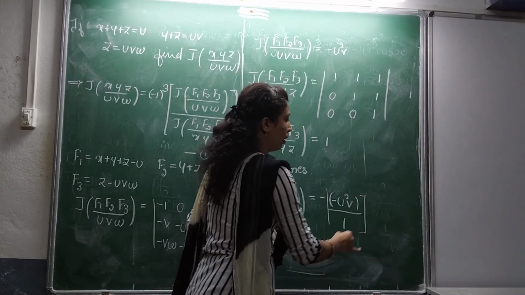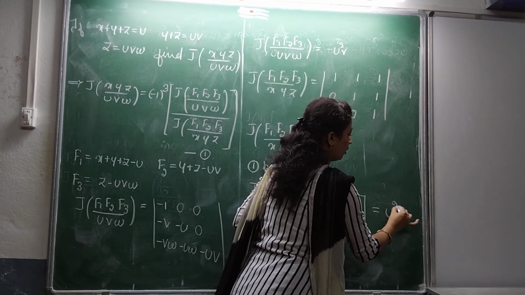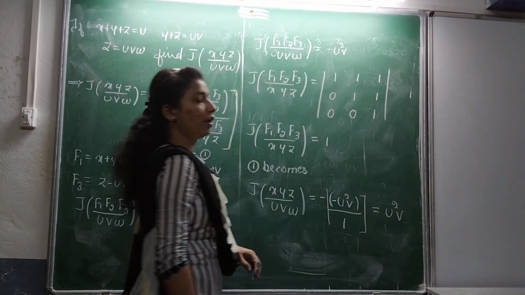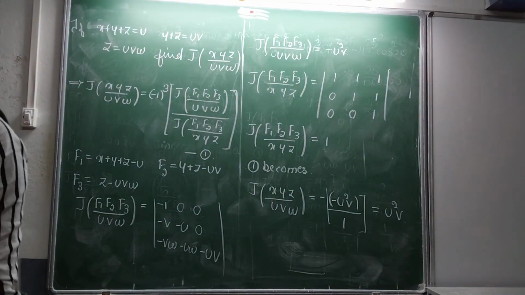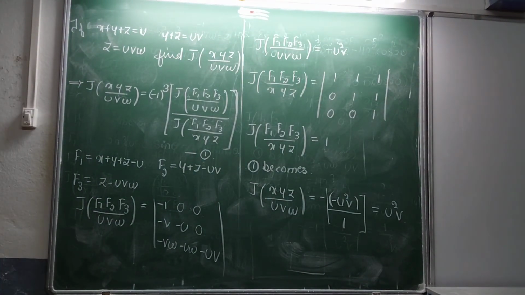So the value is u²v. The Jacobian of (x,y,z) with respect to (u,v,w) is u²v. These are the examples of Jacobian of composite functions.